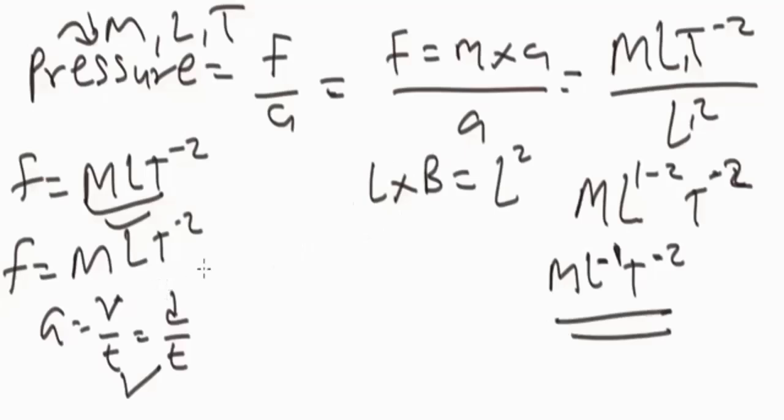So let's show one more example, and after that we can call it a class. If you are asked to find the dimension of power, as we know, power is calculated using work over time, and work can be calculated using force times distance.